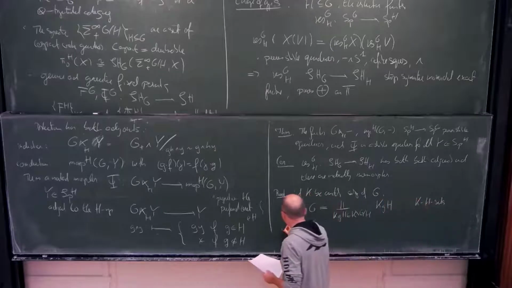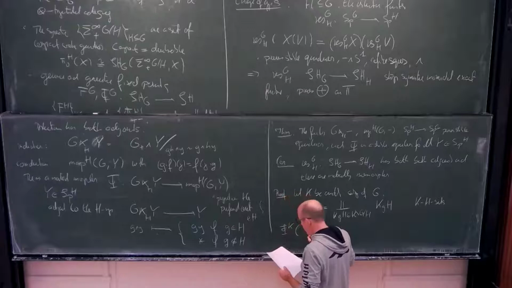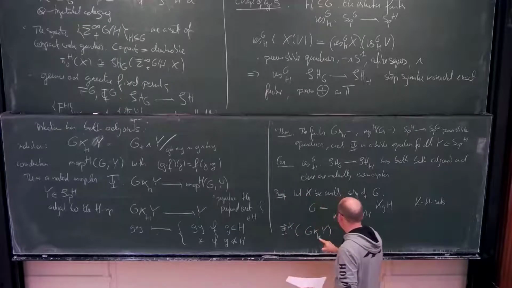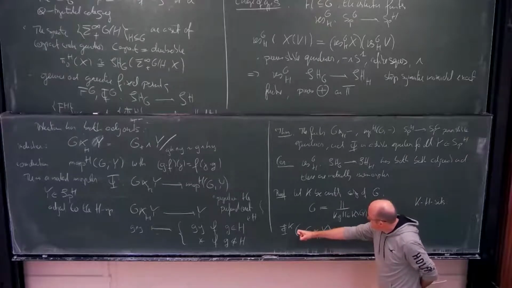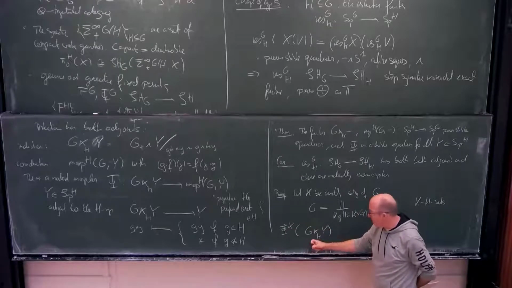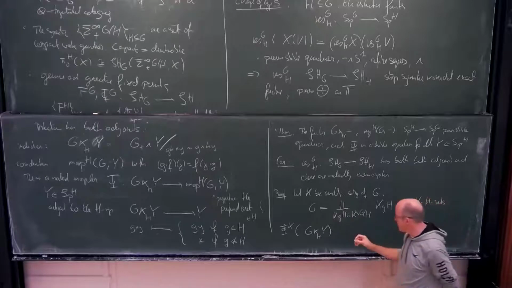Now I want to calculate the K-geometric fixed points of the induced spectrum. I take an H-spectrum, I induce it up to G. For this, of course, since I'm going to take K-fixed points, I'm secretly restricting from G to K, so whenever this decomposes with K and H actions, I get a decomposition on this level.